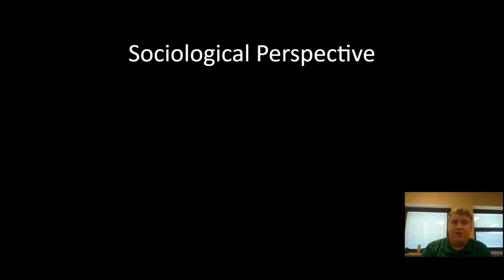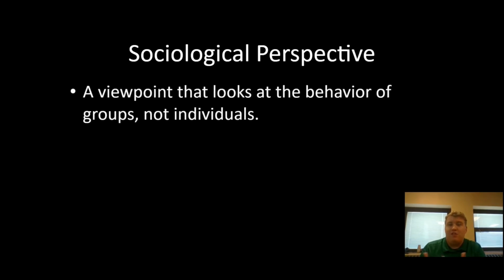All right, so moving on a little bit more, everything that we do has to do with sociological perspectives. All sociological perspectives are a viewpoint that looks at the behavior of groups, not individuals, and they usually have a theme to them. The best way that I could ever describe it is like putting on lenses. When you put on a lens, you see society differently with that lens.